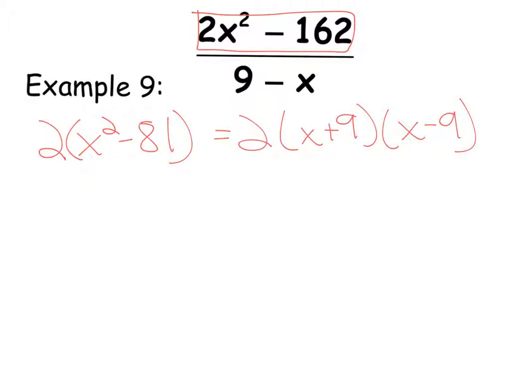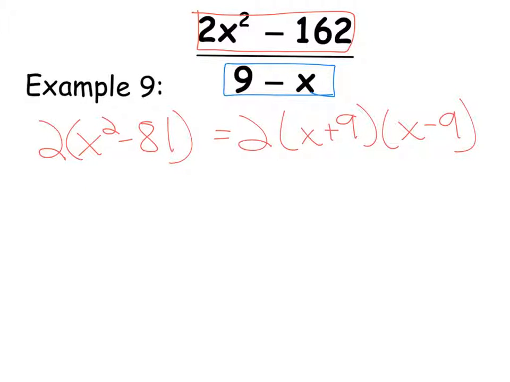Well, wouldn't you know? And now we can take our denominator, 9 minus x. And what can we do with 9 minus x? Well, we talked about this earlier, okay? This was way back in example 2, right? Want to keep your x's positive. So what could I do to 9 minus x? Well, what if we factored out a negative 1?